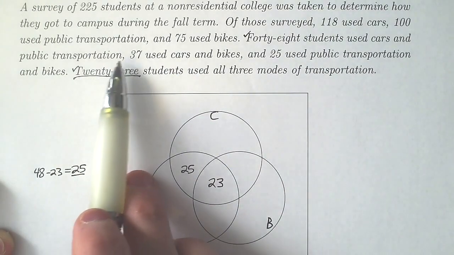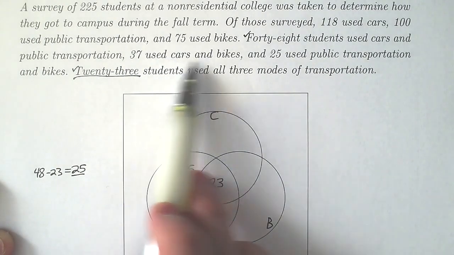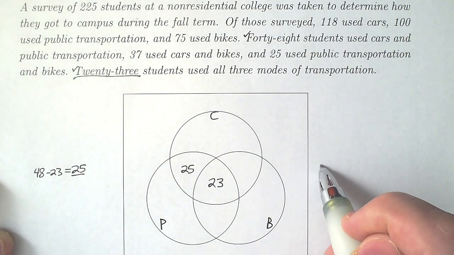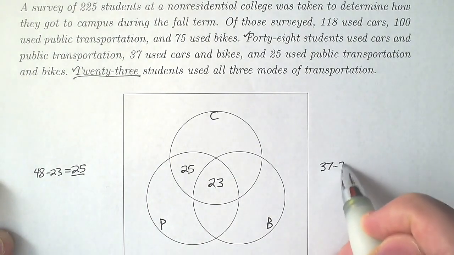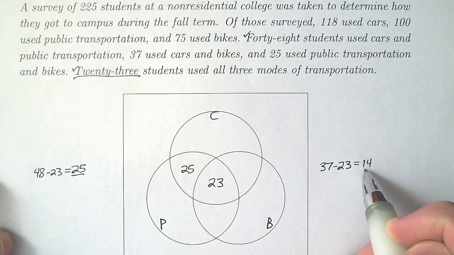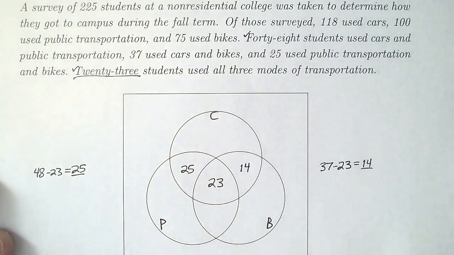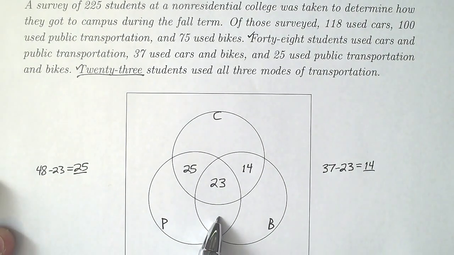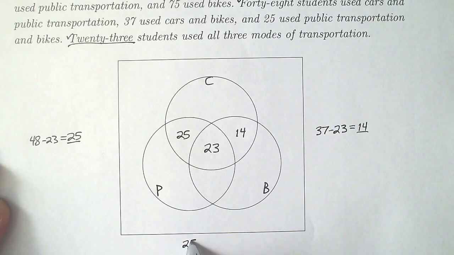Next up, 37 students used cars and bikes. So I'm looking at my cars, looking at my bikes. I need that over here. So 37 minus the 23 we already have gets me 14. Next, I want to take this region, and it says 25 used public transportation and bikes, but I want to subtract the 23 we already labeled.